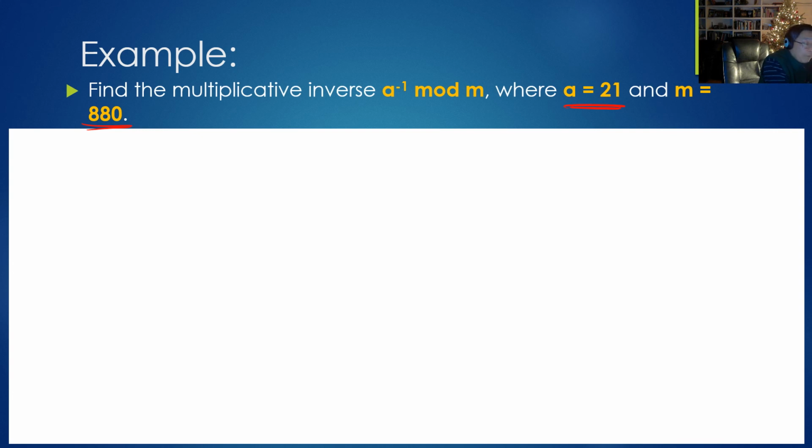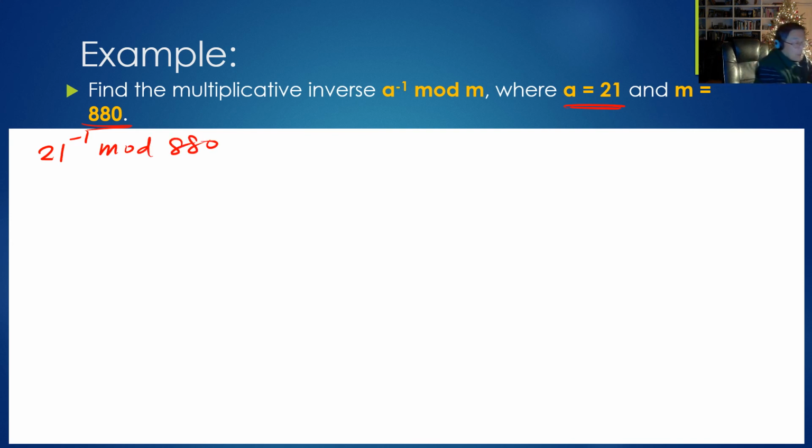I'm going to leave that for you, because you need to calculate the GCD of A and M. Make sure the GCD is 1. So suppose that's the case. We want to find the multiplicative inverse of 21 mod 880.